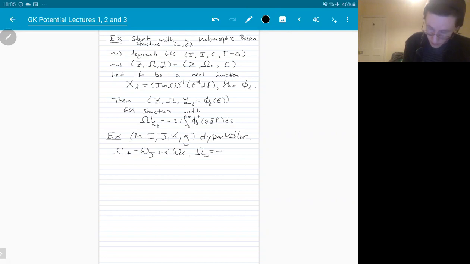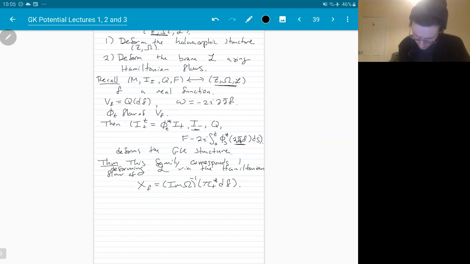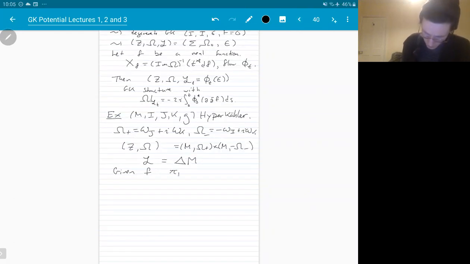Omega minus was this, and then Z, omega, L was M with omega plus times M with minus omega minus, and L was the identity, sorry, the diagonally embedded copy of M. And then given F, we can do this construction here. So if we take pi plus pullback of df, where pi plus is just the projection to the first factor, that just gives us df only on the first factor.